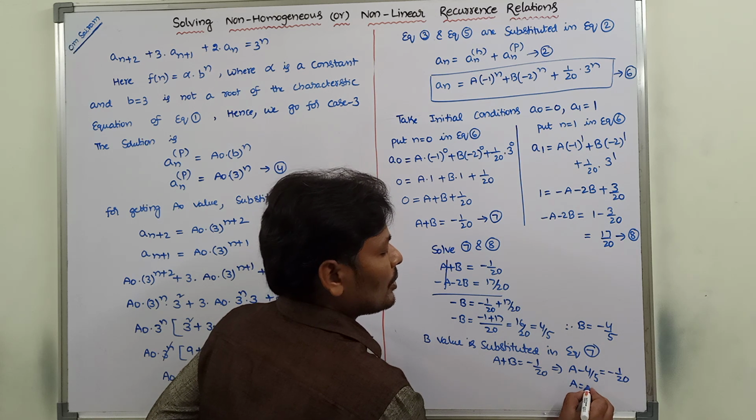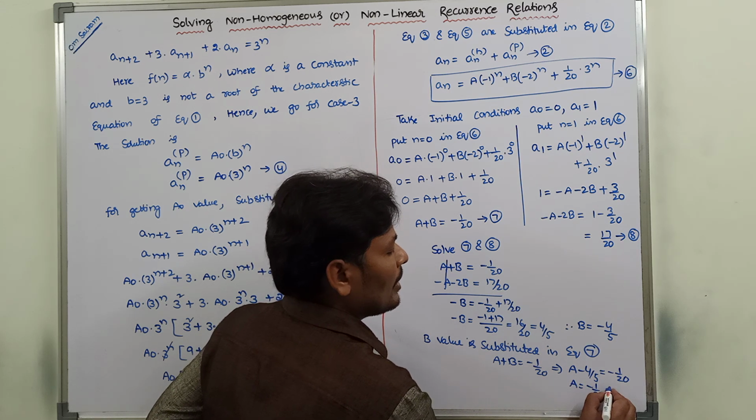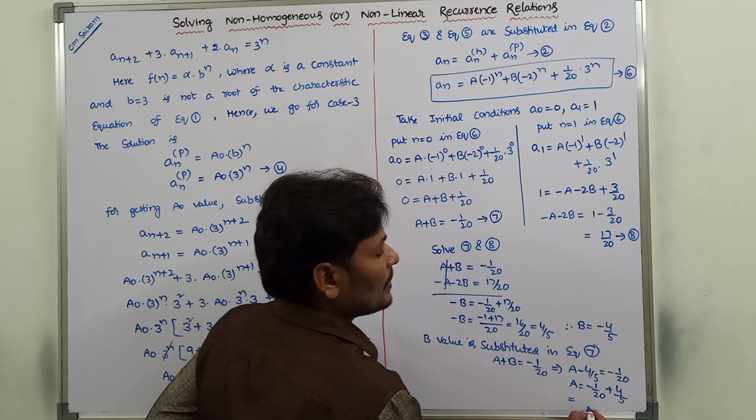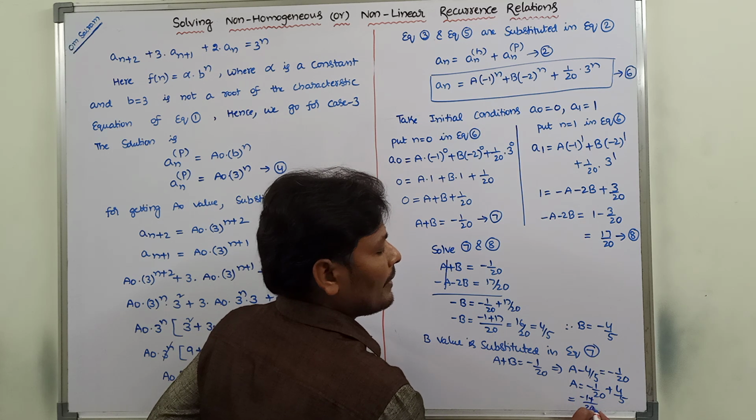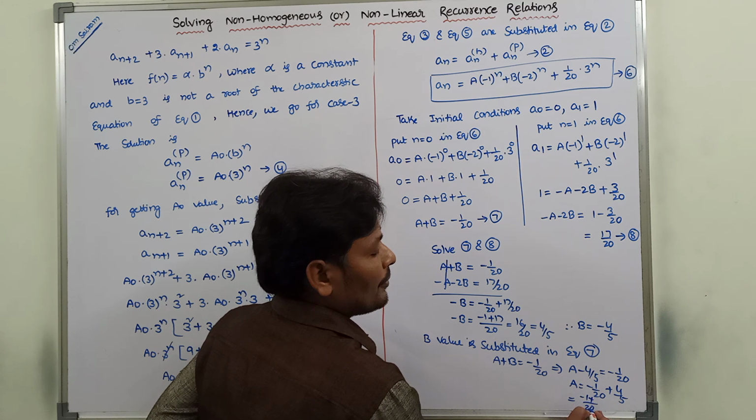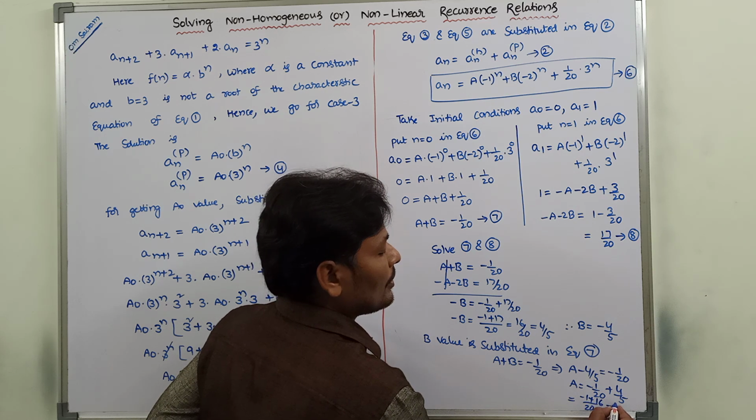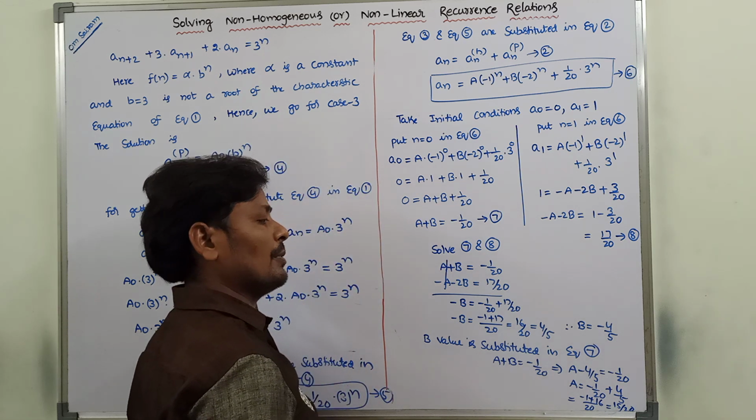So a is equal to minus 1 by 20 plus 4 by 5. Take LCM, that is 20. Minus 1 plus 4 into 4, that is 16, so that is equal to 15 by 20. So the a value is 15 by 20.